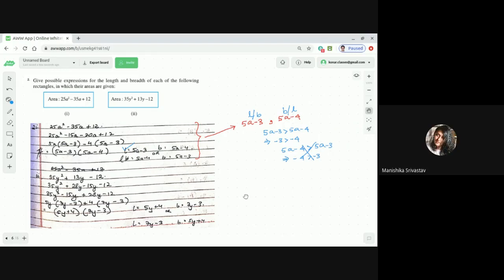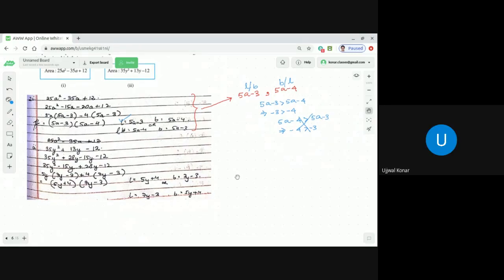Now let's look into the second part. Everyone please concentrate. We found that length could be 5y plus 4 and 7y minus 3. Now, if we consider this case that length is 5y plus 4 and 7y minus 3, then 5y plus 4 is greater than 7y minus 3.